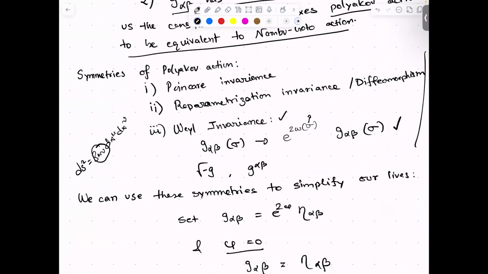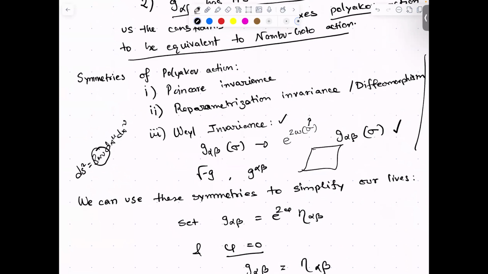If you change your coordinate, or if you rescale your metric, rescale your geometry in a weird way, your physics is invariant. That's what Weyl invariance is all about. We're rescaling the metric, and when I do this Weyl transformation, the action that I wrote for the Polyakov action is invariant. That's another weird thing going on.